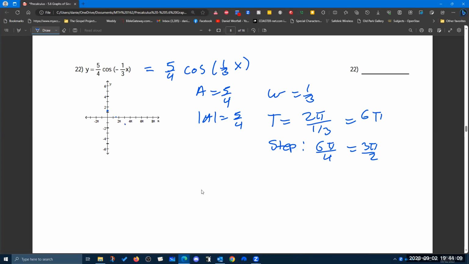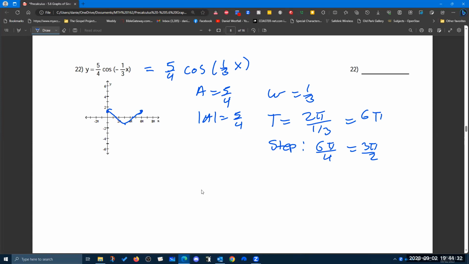And then I'm back at a 0. And then a maximum, and following this wave like so. And there's one period of it. And you can draw more periods of it if you like.